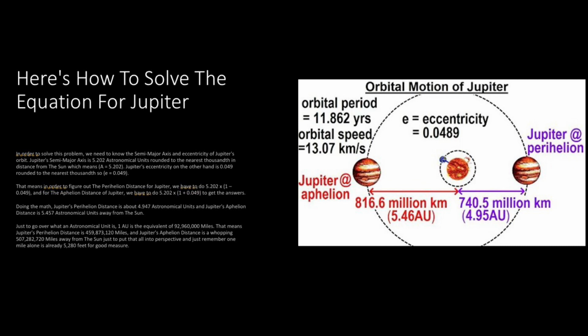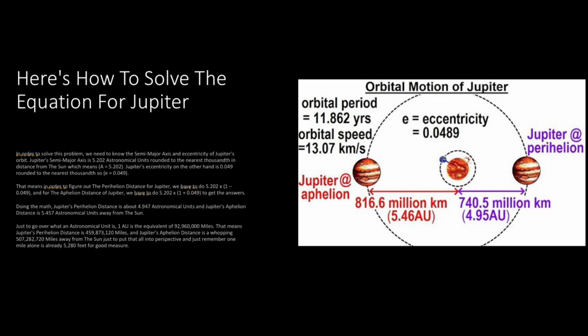Just to go over what an astronomical unit is, 1 AU is the equivalent of 92,960,000 miles. That means Jupiter's perihelion distance is 459,873,120 miles.